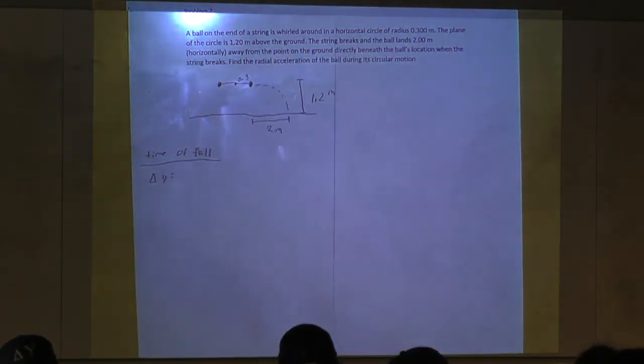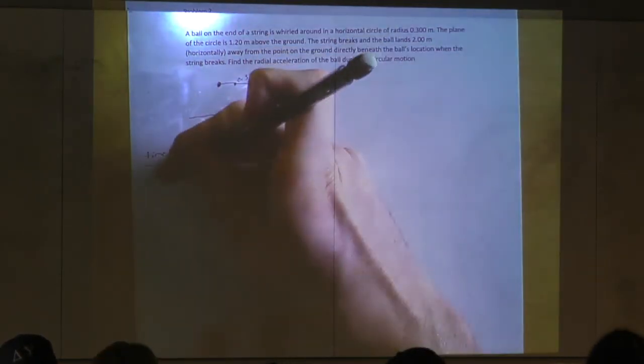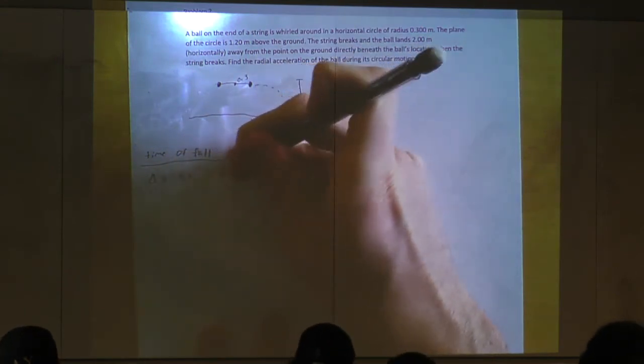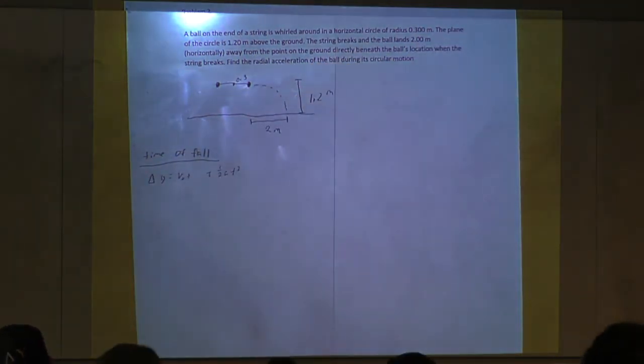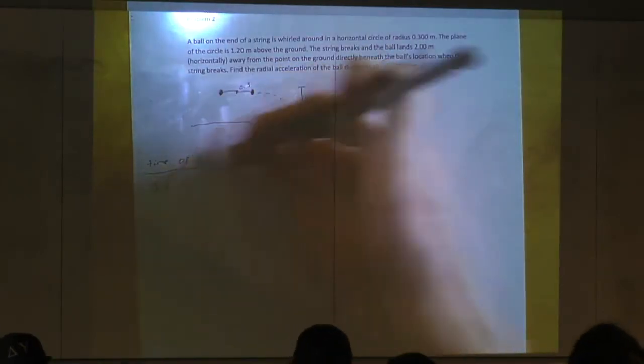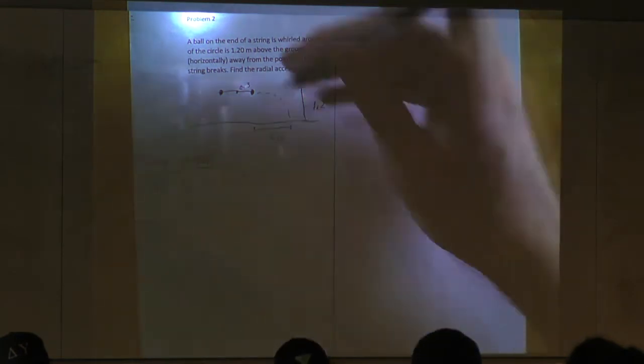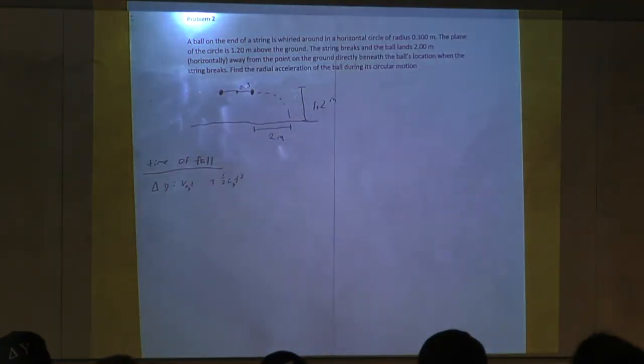So we're going to use the same kinematic equation we used for the last one. Like I just said, our initial velocity in the y direction was 0 because when the string broke, it had no velocity downwards. It was only moving horizontally.